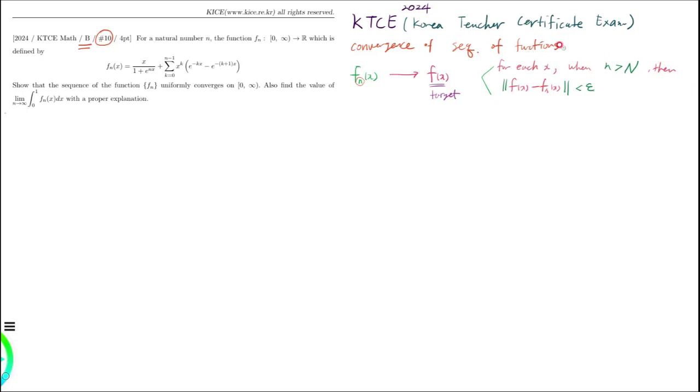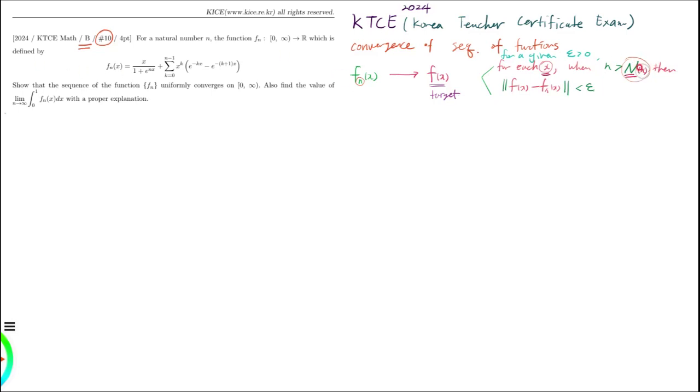So for a given positive epsilon, and for each x, this capital N actually depends on the point x. Which x I choose, this capital N could be different.